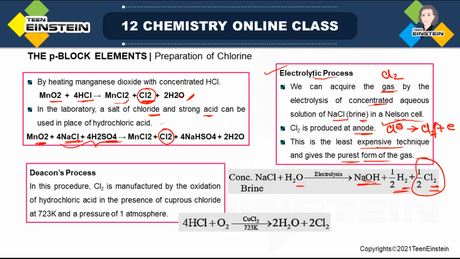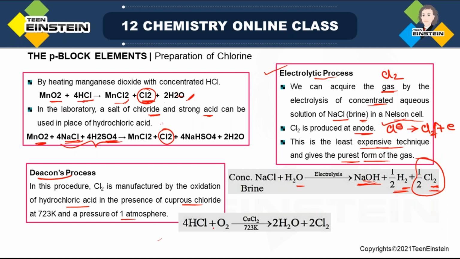Then the fourth process: chlorine is manufactured by the oxidation of hydrochloric acid in the presence of CuCl2, and this process is known as the Deacon process. Temperature is high, 723 Kelvin. Pressure is 1 atmosphere.